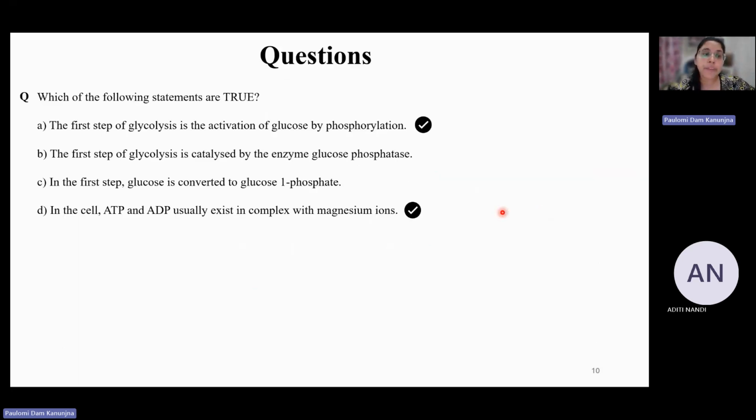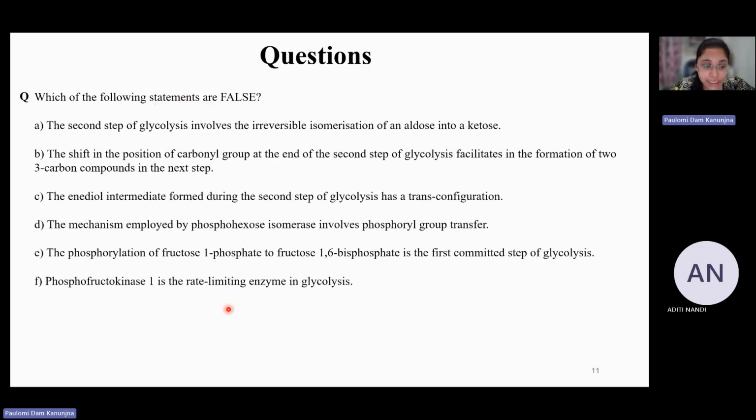Okay, the third one. So out of these 6 statements, which of these is false?